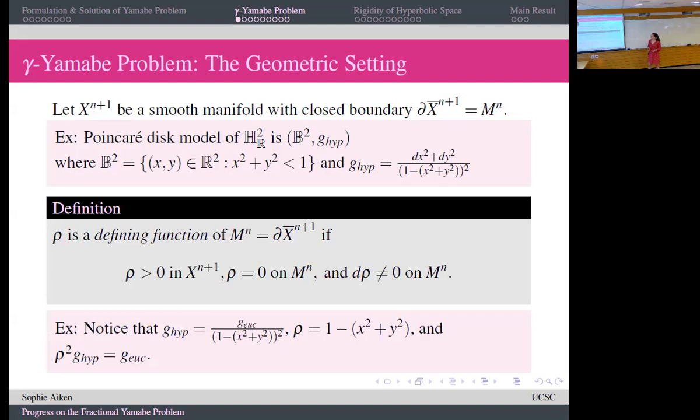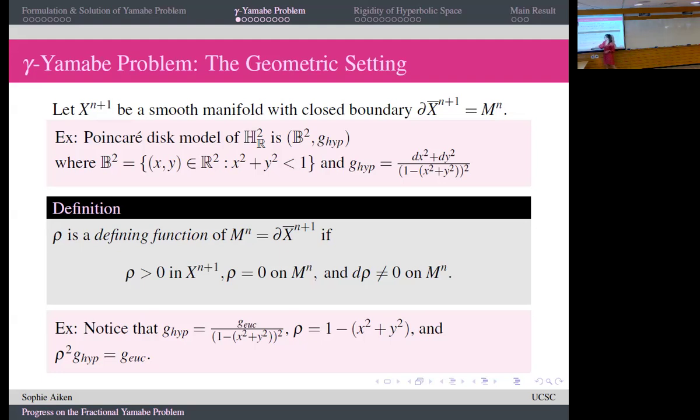And now we'll define rho as being a defining function of the boundary if rho is a strictly positive function on the interior and it's exactly equal to 0 on the boundary, and the differential is non-zero on the boundary. It's called a defining function because the level set where rho is equal to 0 exactly defines our boundary M. Now we can pick out a defining function in our definition of the hyperbolic metric by seeing that the hyperbolic metric is exactly your Euclidean metric divided by some squared function.